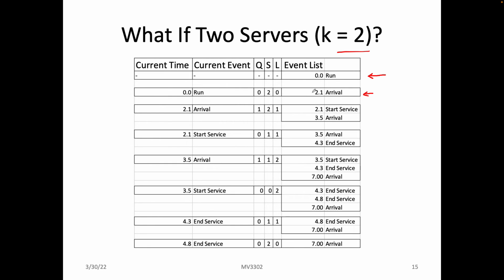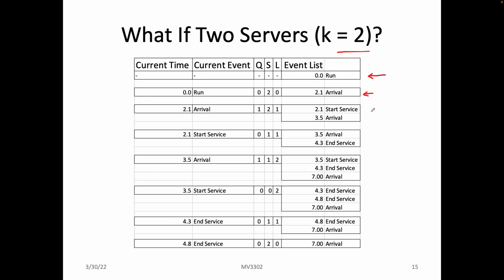Then we say, okay, is the event list empty? Nope. We move our time up to the time of the next event, take the event, perform its state transition. The state transition of arrival is exactly the same as it was. We take Q and add 1 to it. So now Q is 1, S is 2, and L is 1.